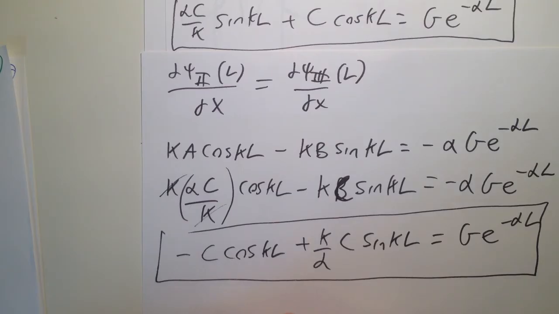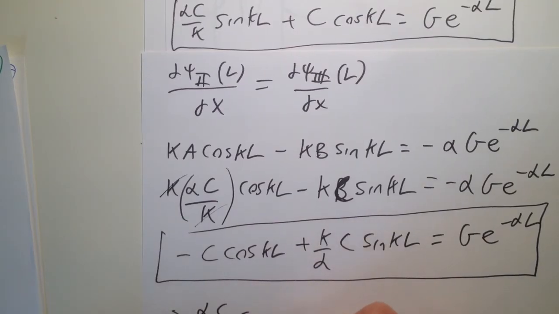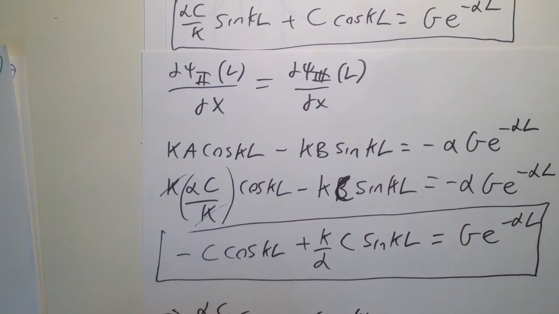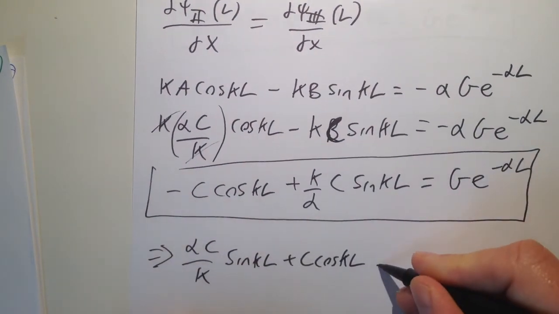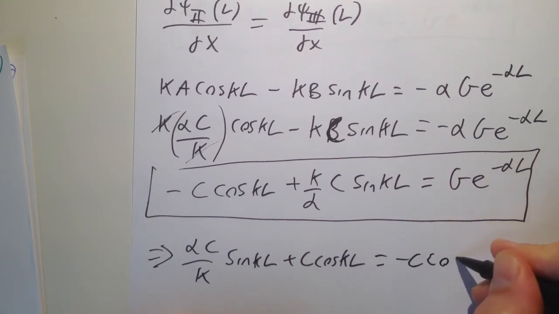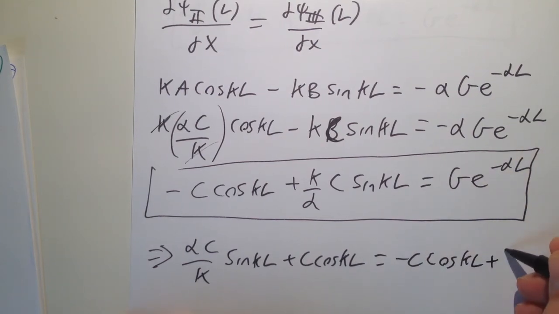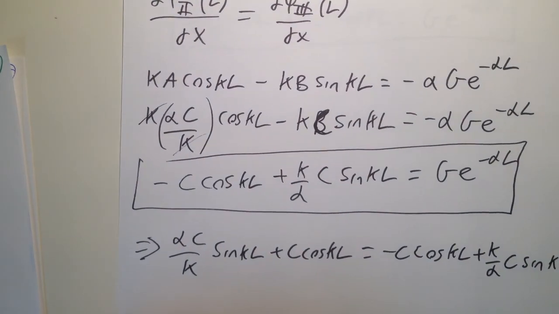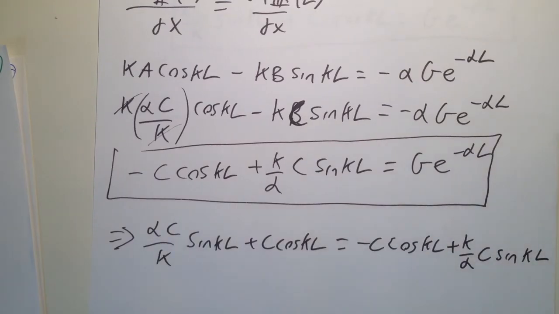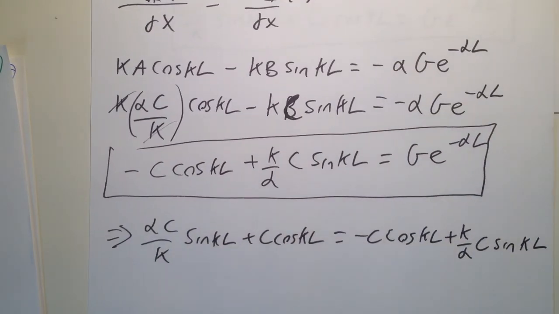That means that alpha c over k sine of kL plus c cosine of kL must be equal to minus c cosine of kL plus k over alpha c sine of kL. Okay, and so now I have an equation that just depends on one constant, right?